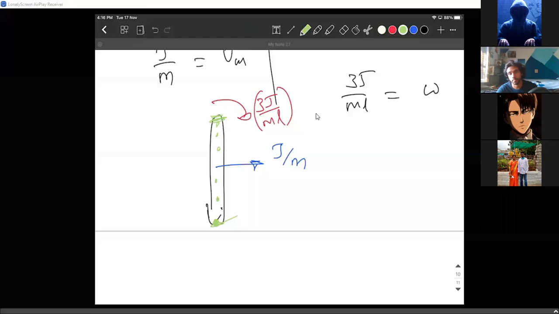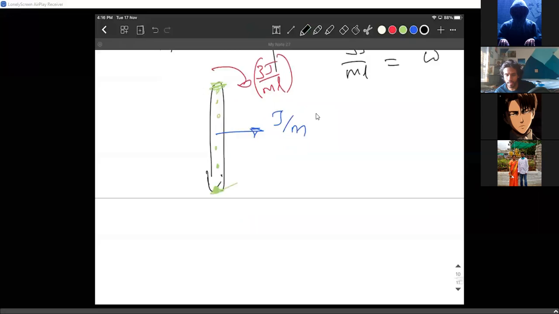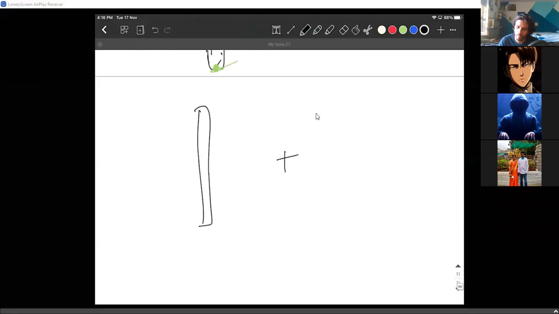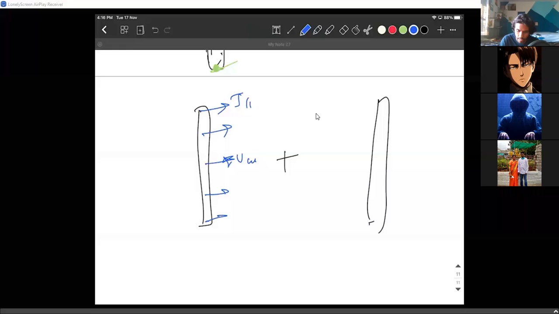Aniket: Sir, the omega part you can multiply with the distance from the center of mass. Exactly, right. That's all. So you can simply consider this as a combination of linear velocity. Because of this linear velocity, the whole body has linear velocity v. So every particle has j by m.